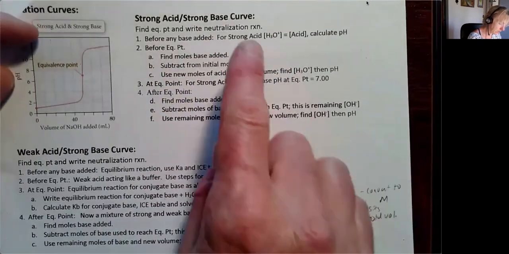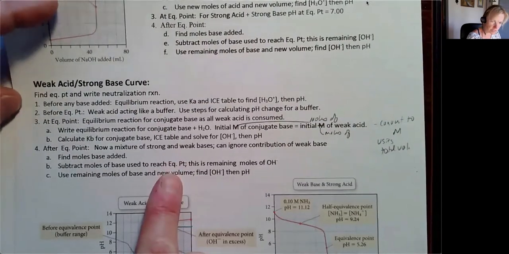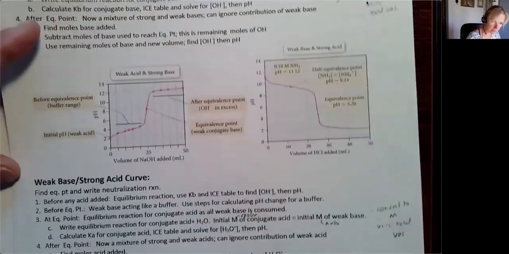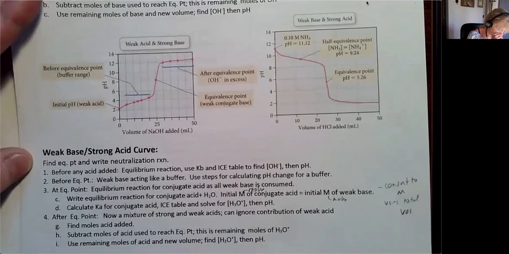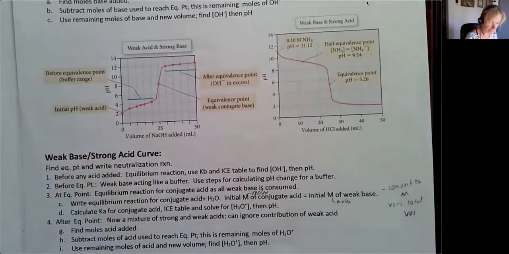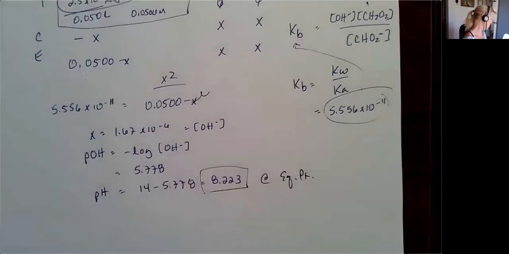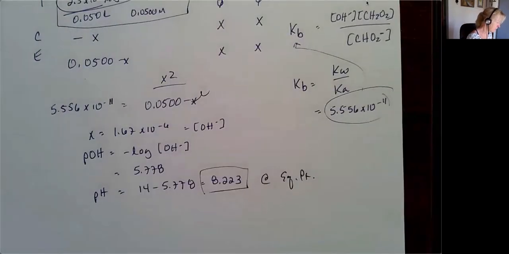So strong acid, strong base, this is the simplest. Weak acid, this is the one we just did. The weak base is going to be the opposite of the weak acid, strong base. And then we're not really going to worry too much about a weak acid, weak base, because we don't really do those types of pH titration curves. I mean, we can do it, but the complexity starts to get really crazy.